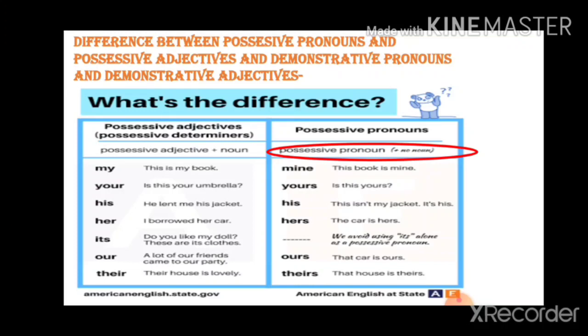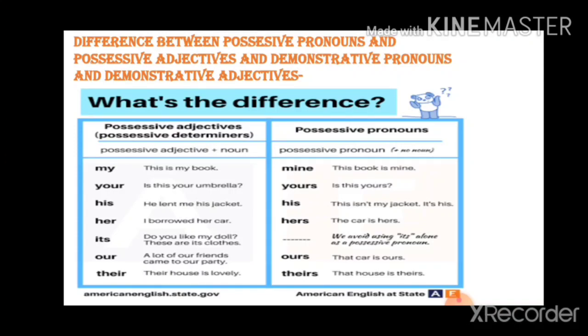For example, you see here, my. This is my book. After my, you see book is there. But mine, in possessive pronouns: this book is mine. After mine, there is no noun. Your: is this your umbrella?